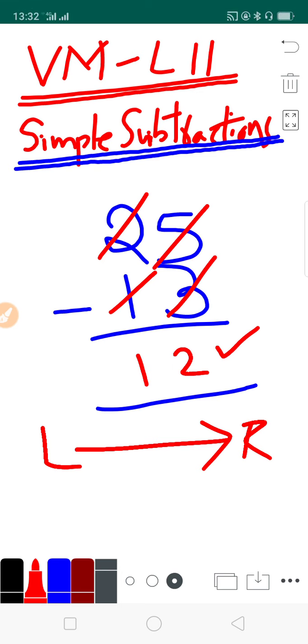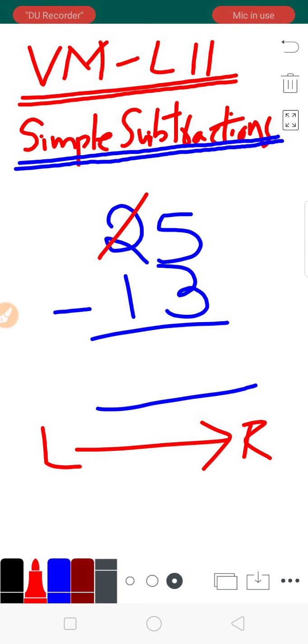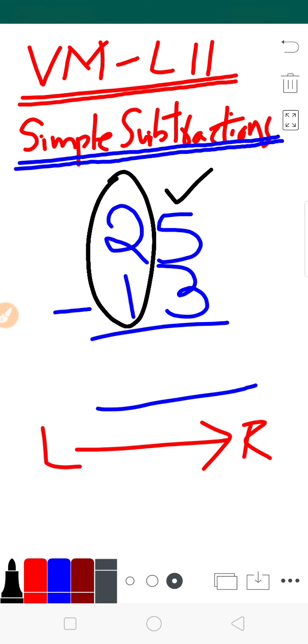But in Vedic Maths, you cannot simply do the subtractions like this. Rather, while doing subtractions, you should be conscious of the next position. For example, if we are doing this position's subtraction, we have to look at the next position, whether it is a match combination or a mismatch combination.